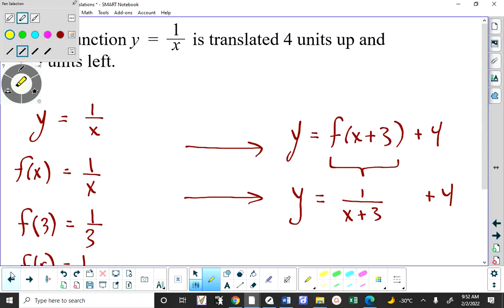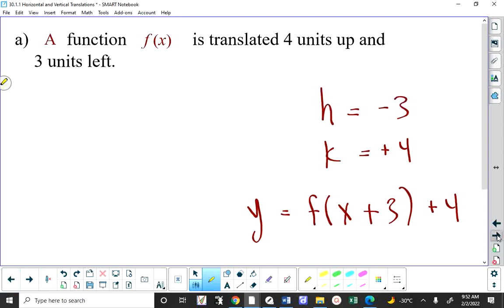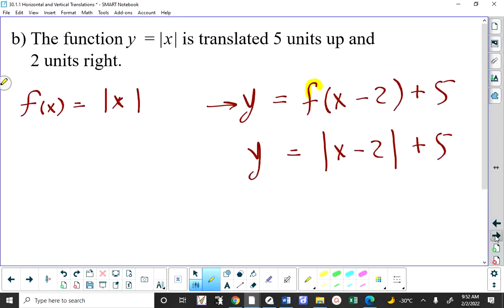Visually, by saying that this is 1 over, that's what f means. It means 1 over. This is the absolute value. So we don't write the f with the absolute value, and we don't put the absolute value up here with the f, because they mean the same thing. You write one or the other.